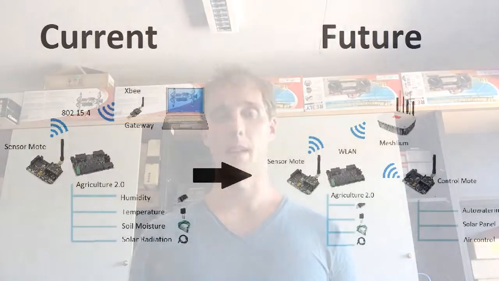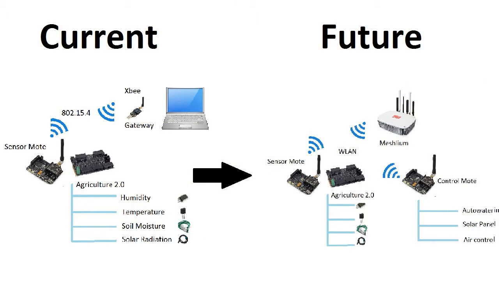For example, if the soil moisture is too low, not only is an LED triggered on the node, but the information that there is not enough water is also sent through the network to the control node, and the control node waters the plant or the plants.